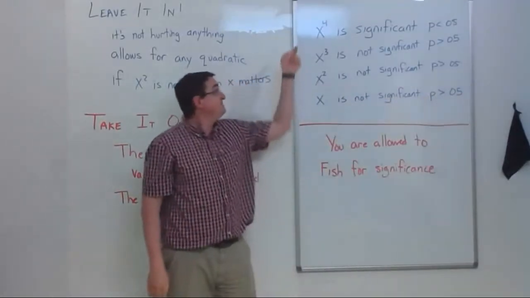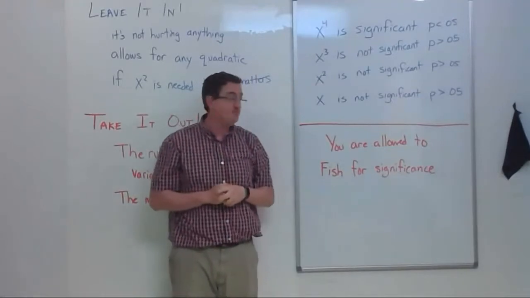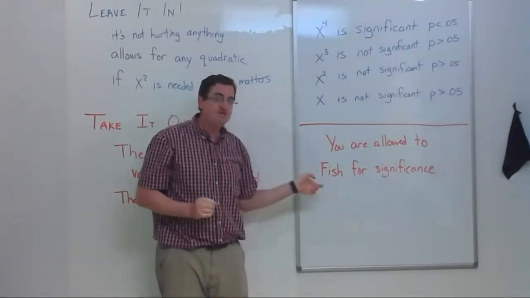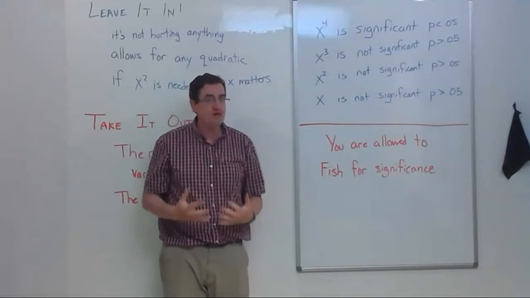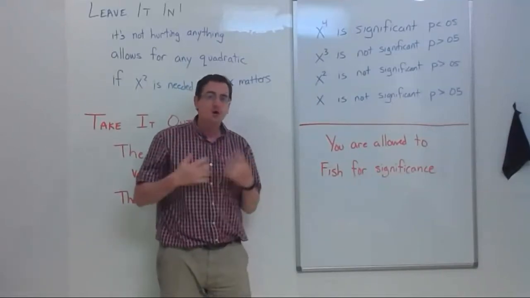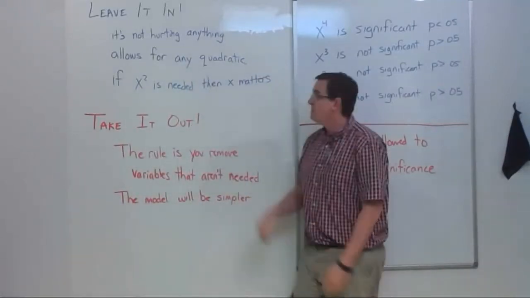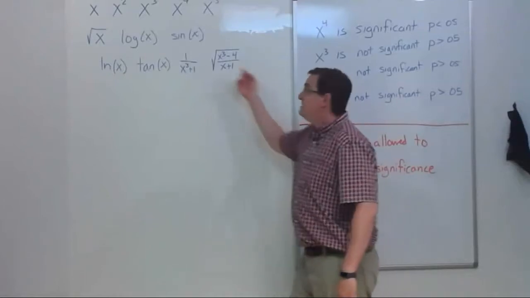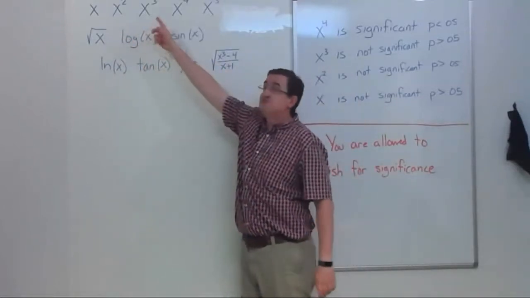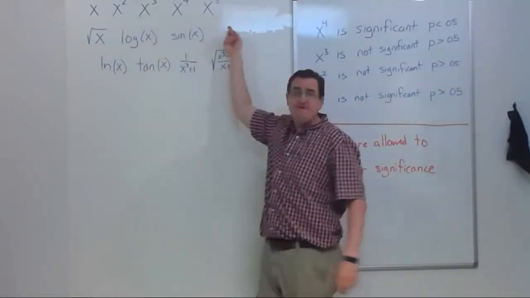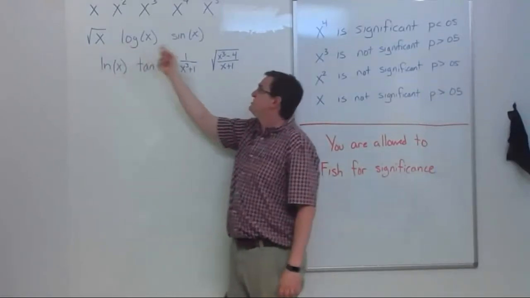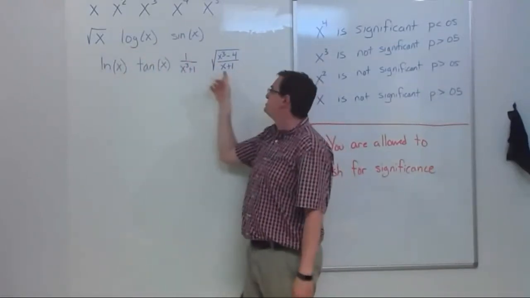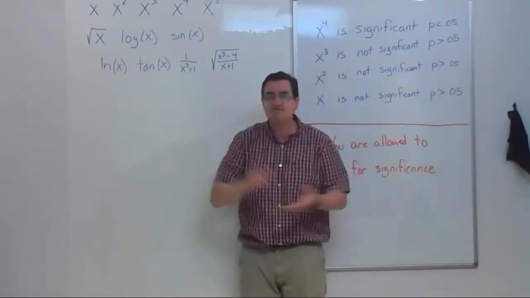And speaking of testing higher order polynomials, there's a thing called fishing, which is okay in this class, but it wouldn't normally be okay in higher level stat classes. What does it mean to fish? Well, let's assume, for example, that we're testing x and x squared and x cubed up to x to the fourth and fifth, and you can go even higher, and weird things, maybe the square root or the log or trig functions or some bizarre function involving x.